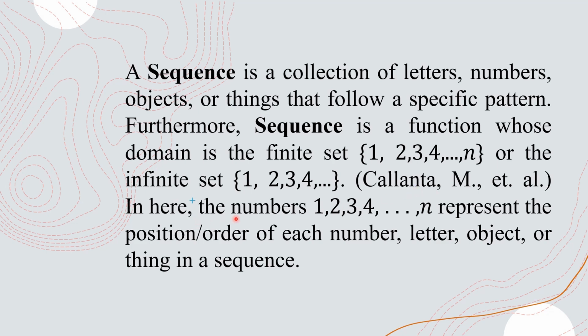So in here, the numbers 1, 2, 3, 4 up to n represents the position or order of each number, letter, object, or thing in a sequence. So this means na ang mga numbers like 1, 2, 3, 4 hanggang n, pwede rin na ganyan, 1, 2, 3, 4 lang, they represent the position or the order of each number or letter, or tinatawag natin na term.